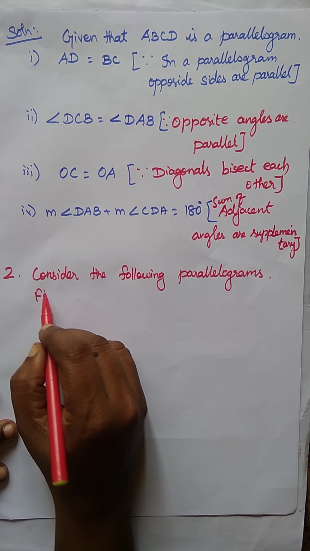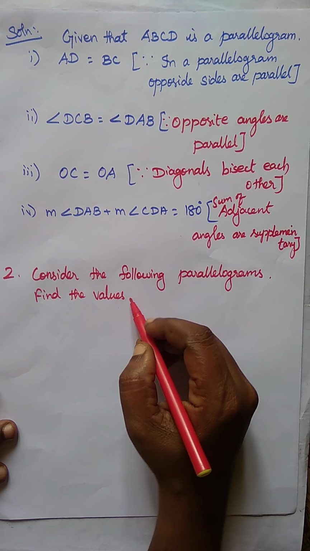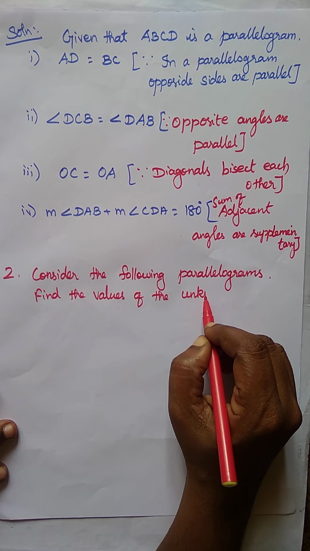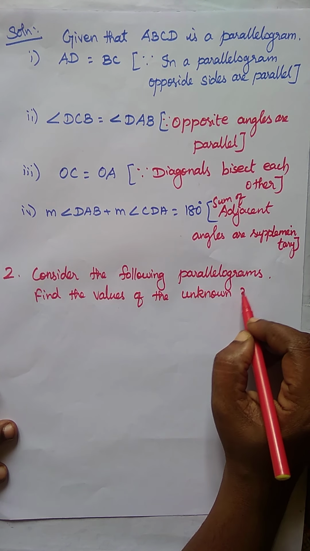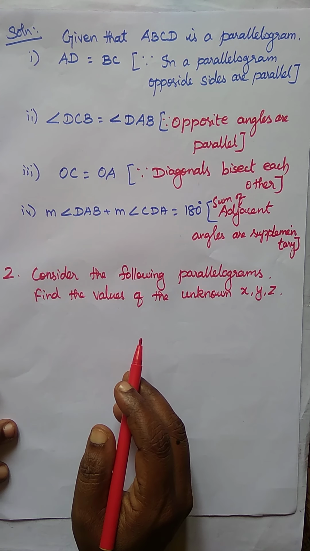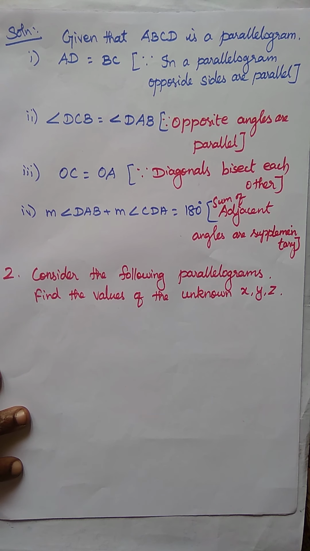Find the values of the unknowns x, y, z. Consider the following parallelogram. We are going to find the unknown values in the given figure. What are the unknown values? We are going to find that out.